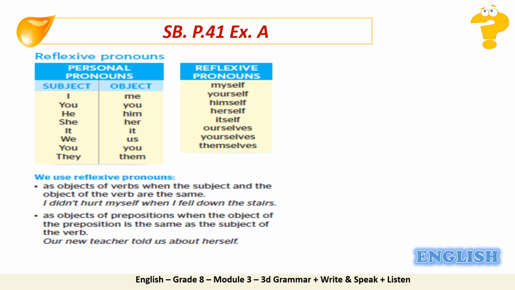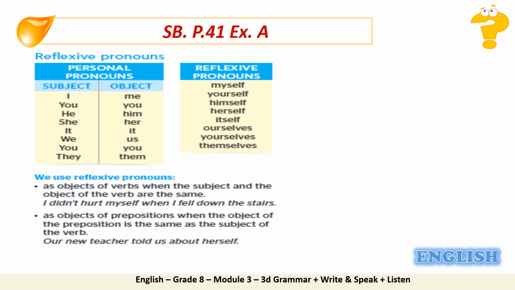You, yourself, he, himself, she, herself, it, itself, we, ourselves, you, yourselves, they, themselves. As you see here, guys, the reflexive pronouns refer to the subject or the object pronouns. And of course, the reflexive pronouns end in self or selves, as you see.